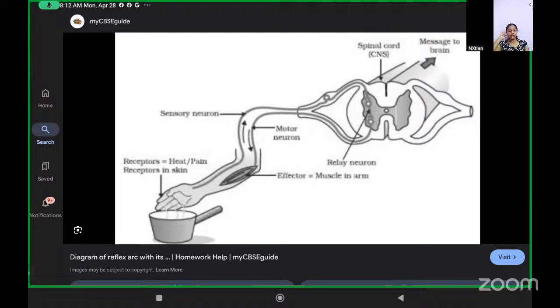If there is something extra that you need to study, such as reflex action, very little is there in the book, so we have to cover it extra. I'll share the extra portion on reflex action, how it happens, and the diagram for reflex action that you have to prepare.